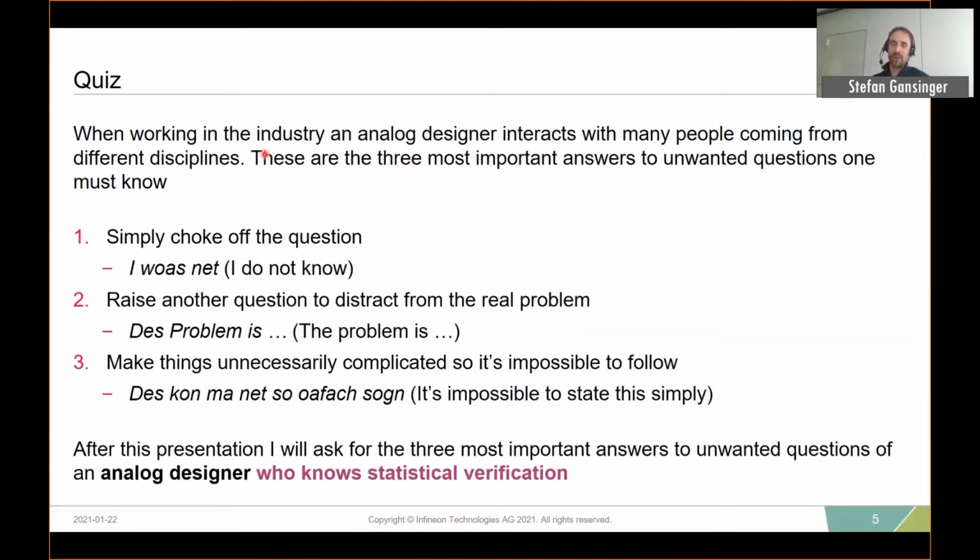When you work as an analog designer in the industry, one nice thing is that you have to interface many different disciplines. You have to talk to concept engineering, you have to talk to component verification, who verified your chip in the lab. You have to talk to test engineering, which makes sure that the test program is covering all potential failures in the chip, and so on.